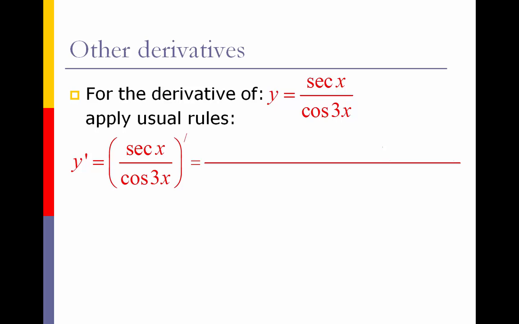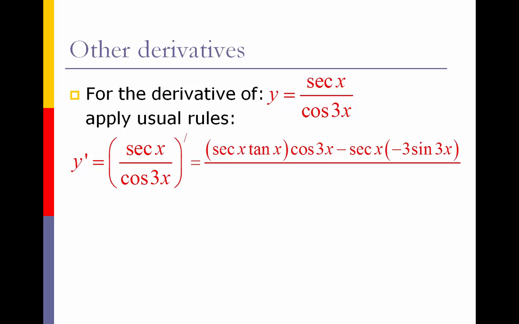On the numerator, we get the derivative of secant, which is secant tangent, as we saw earlier, times the denominator, cosine of 3x, minus the numerator, secant x, times the derivative of the denominator, which is minus 3 sine 3x.